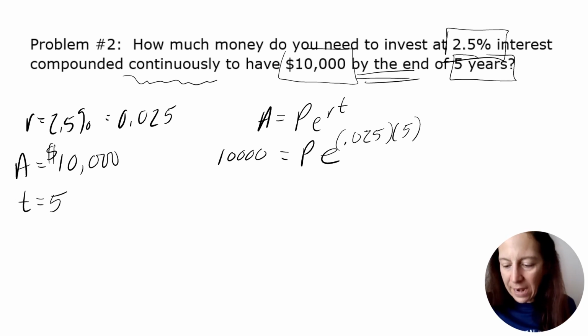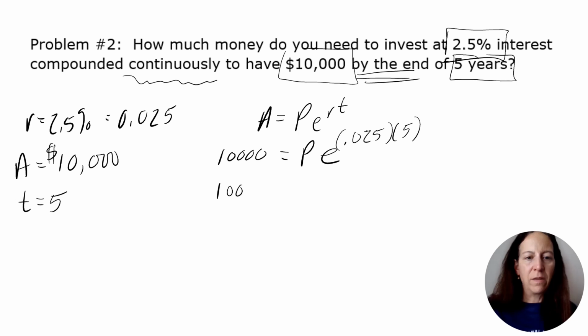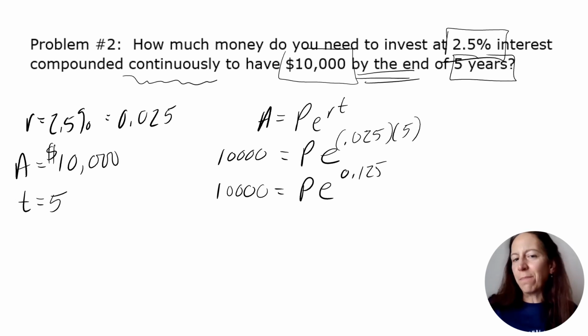So I'm going to go ahead and do the multiplication on that exponent. So that is 0.025 times 5. All right. So that is e to the 0.125. And then that is just a number, e to the 0.125.